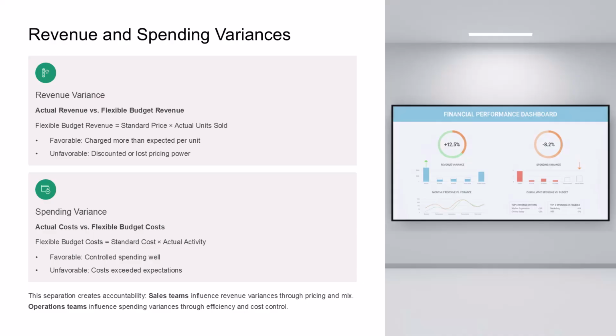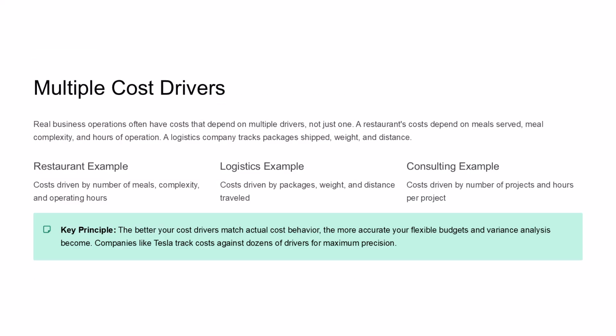They turn vague feelings about performance into concrete numbers that demand explanations. And once you have explanations, you can drive improvement. That's the progression from data to insight to action. Now let's add another layer of sophistication: multiple cost drivers. Multiple cost drivers when one dimension isn't enough.